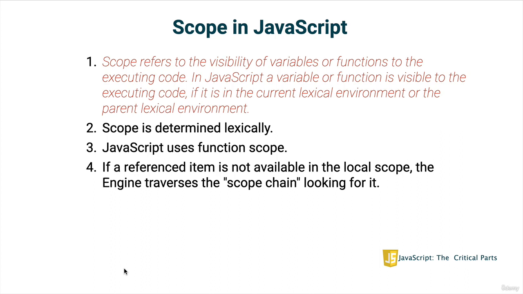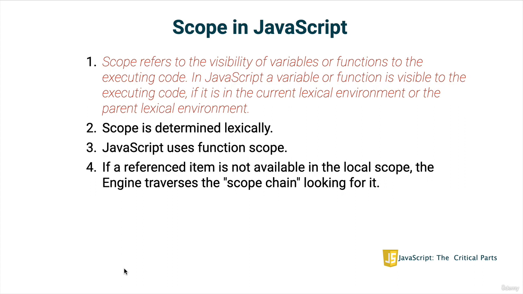Now, this has to do with the parent lexical environment that was referred to in the definition. If a referenced item, meaning a variable or a function, is not available in the local scope, the engine traverses the scope chain looking for it. So we're going to talk about the scope chain, but that scope chain is referring to the parent lexical environment and that lexical environment's parent and so on.